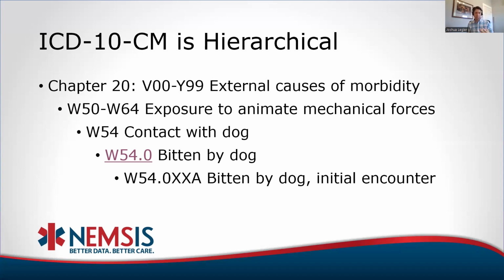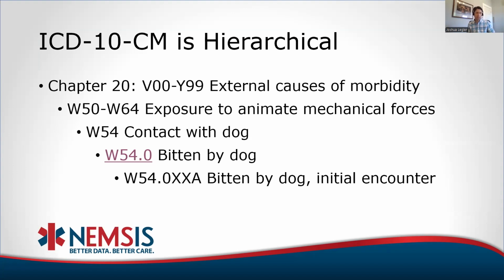If someone got bitten by a dog and they showed up at the emergency department and this was their first visit for that dog bite, then this is the code they would get. Well, it's in a hierarchy, so you can see that it's a child of W54.0, which is bitten by dog, and that's a child of W54, which is contact with dog.